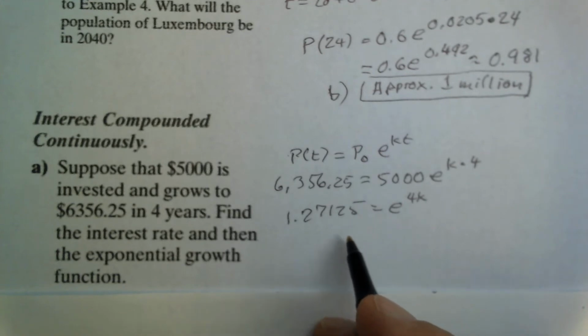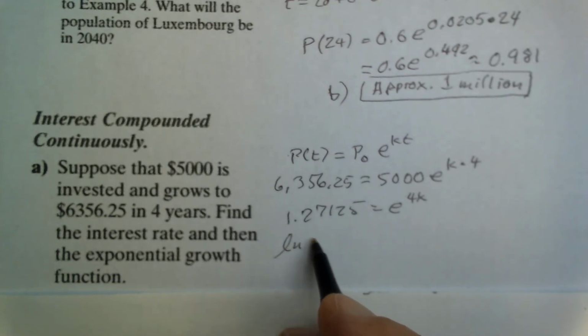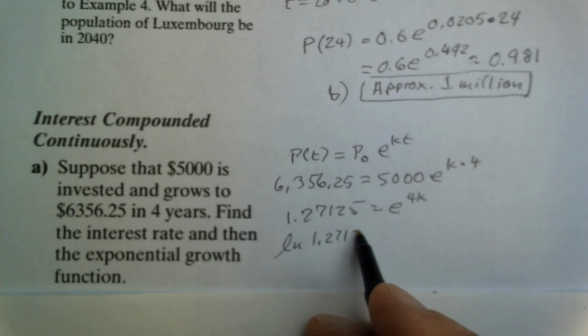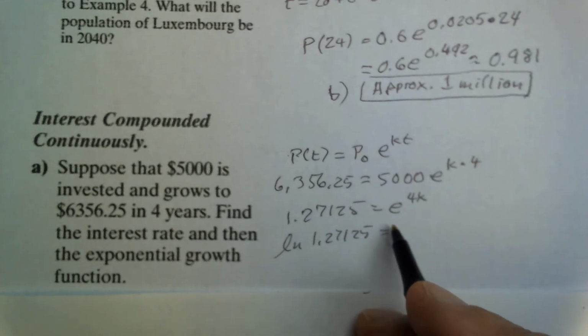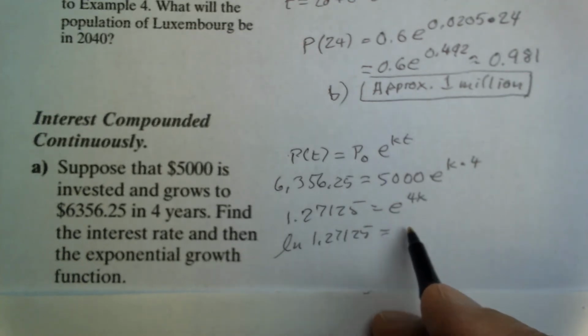Now we take the natural log on both sides, so the natural log of 1.27125 equals the natural log of e to the 4k, which is 4k.